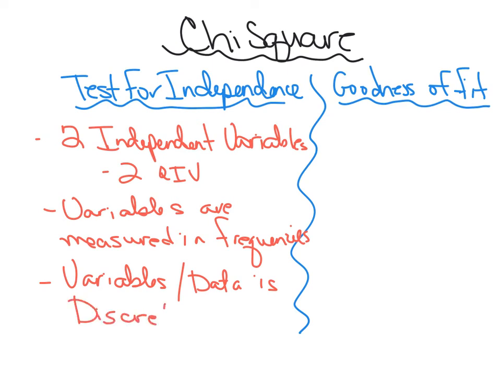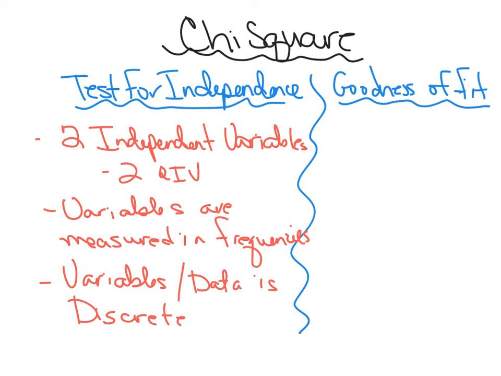So our variables can be split up into categories that are either nominal or ordinal. So male versus female would be nominal data. It's just either you're male or female.